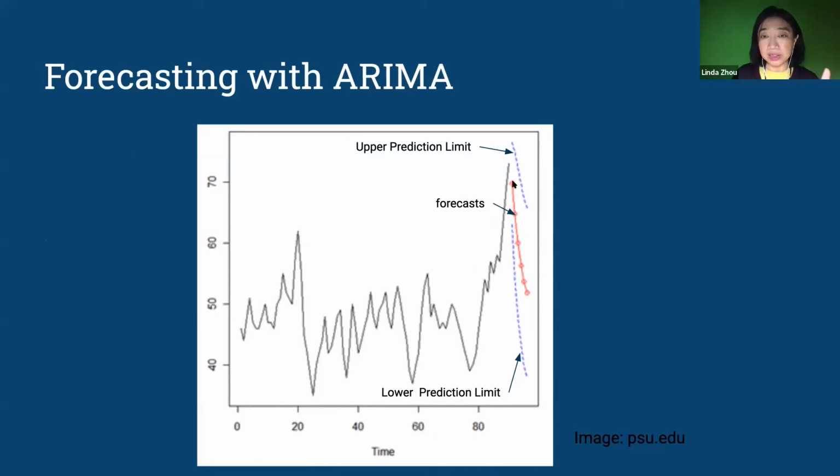You can see that for the closest ones, the upper limit and the lower limit are closer because it's more precise and more confident in predicting that. The further away time-wise, the upper bound and the lower bound are much bigger, which means the error is pretty big. The gap is pretty big, okay?